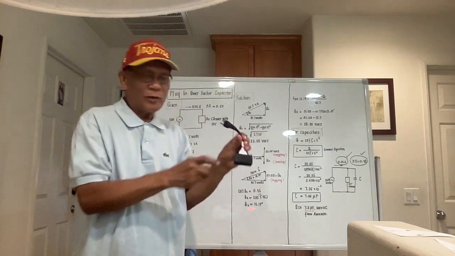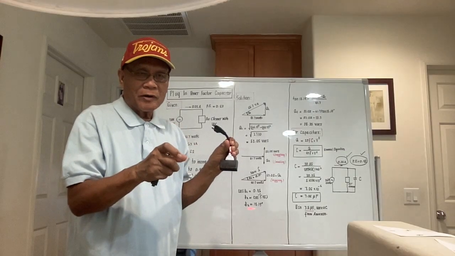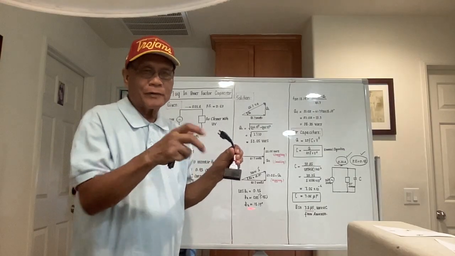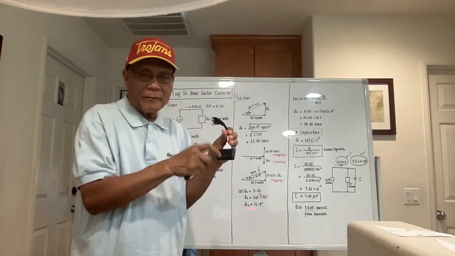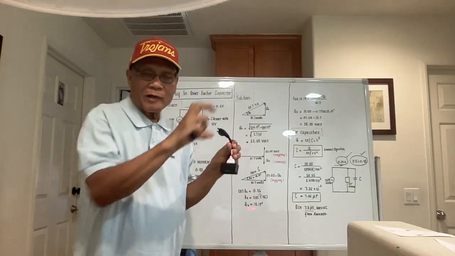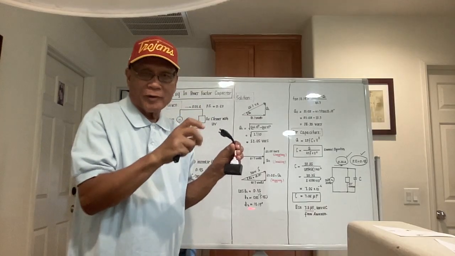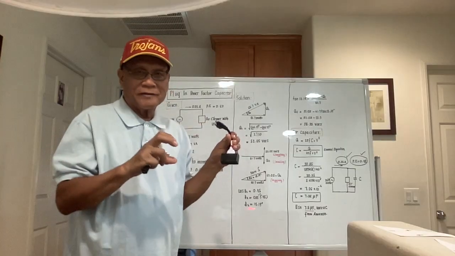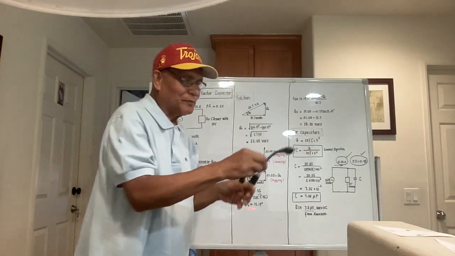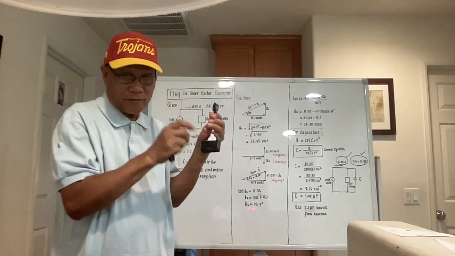For a lighting load, we do not need this one. But for a motor load, which has a reactive power component, we need a capacitor to counteract that reactive load. So we could lessen the reactive load for the motor or totally eliminate it. Okay, let's proceed. So this is actually a capacitor for power factor correction.